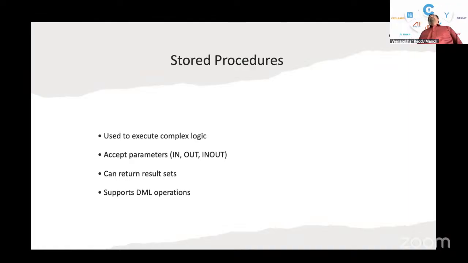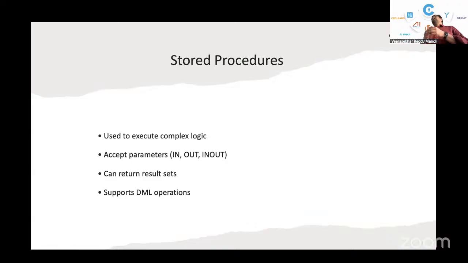Someone may have completed the views, someone may not have completed the views. Views are nothing but a kind of DQL statement. So rather than running the DQL statement, we call the view.